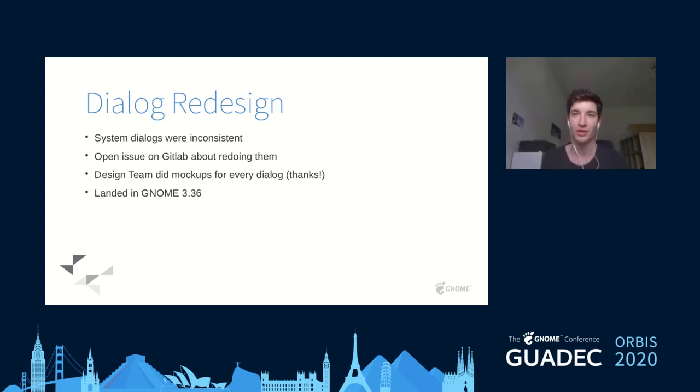The design was different over different dialogues, and some of them also looked outdated. So they did mockups for every single dialogue. Thanks to them, that was quite a lot of work because it turned out that there are a lot more dialogues than you'd think in GNOME Shell. And we've been able to land it in GNOME 3.36, so most of you should already have seen it.